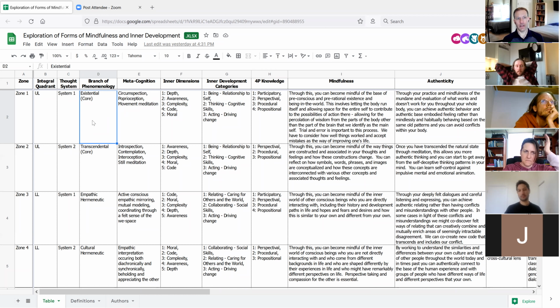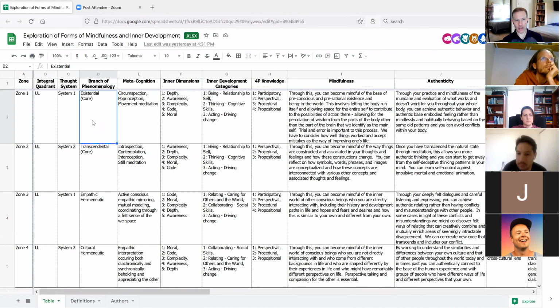They identified the so-called transcendental phenomenology started from Edmund Husserl, and existential phenomenology started from Martin Heidegger.